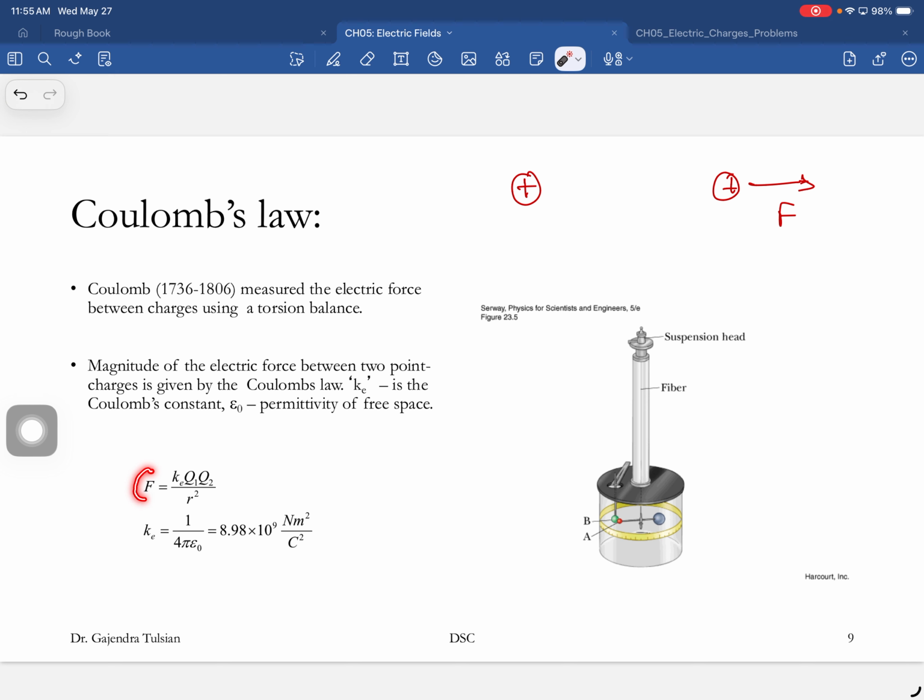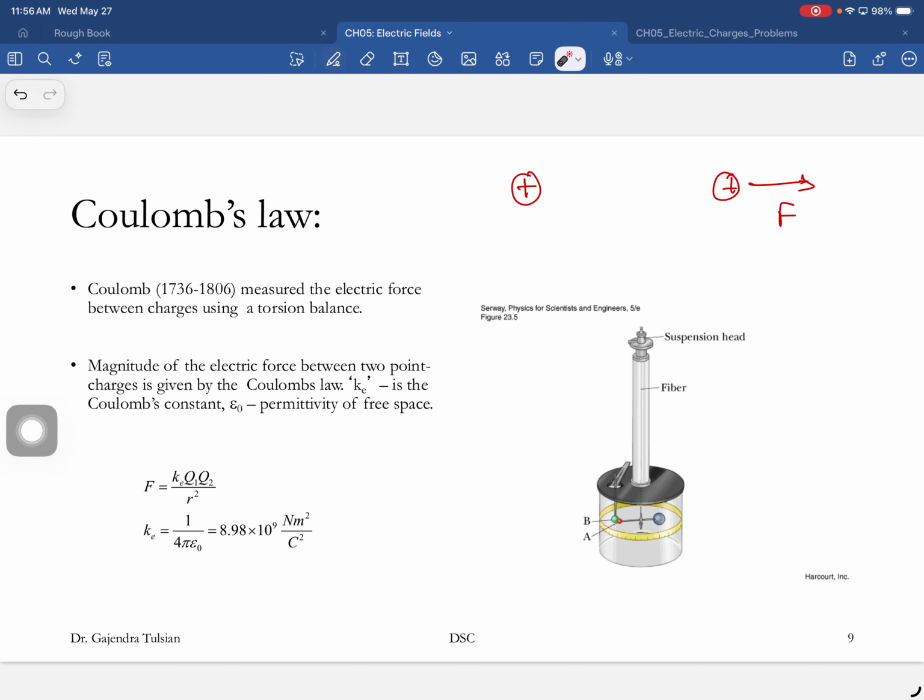The magnitude of the force is Coulomb's constant times the product of the charges divided by the distance squared. So if you take these two charges and double the distance between them, the magnitude of the force becomes one-quarter as great. The electrostatic force is large because this Coulomb's constant is large.